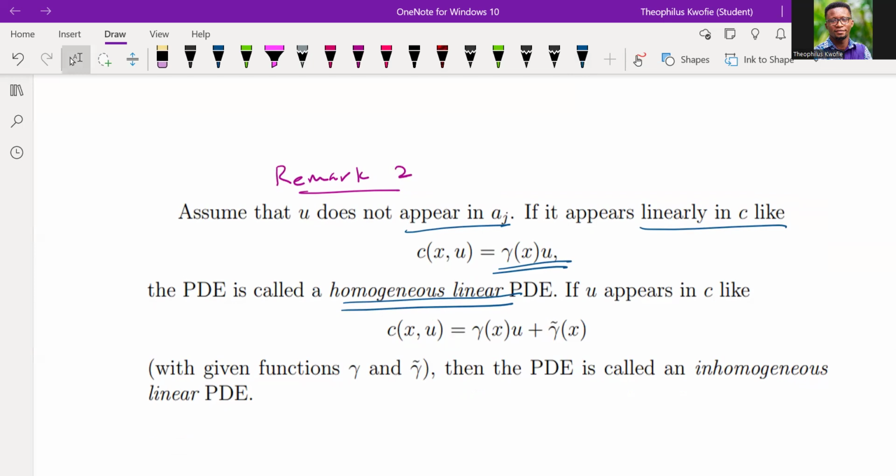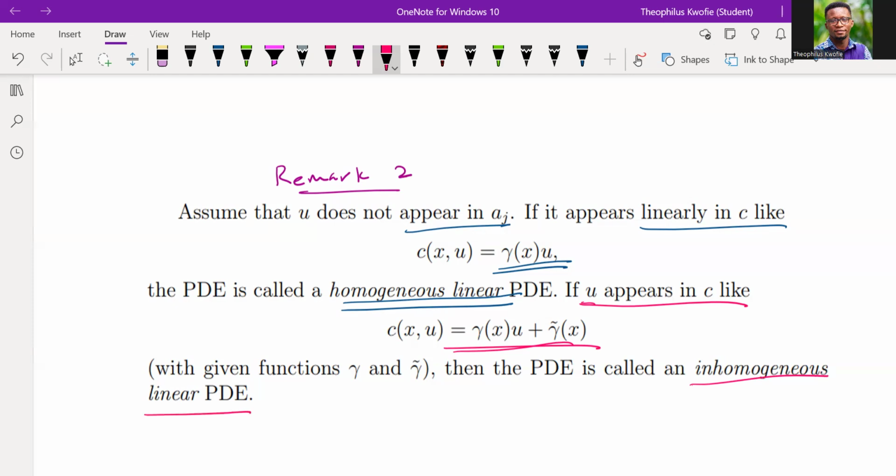Now, what if it appears in C in a different way? What if it happens this way? If U appears in C, which is a function like this, then we claim that such a PDE is called an inhomogeneous, or some books say non-homogeneous, linear PDE.